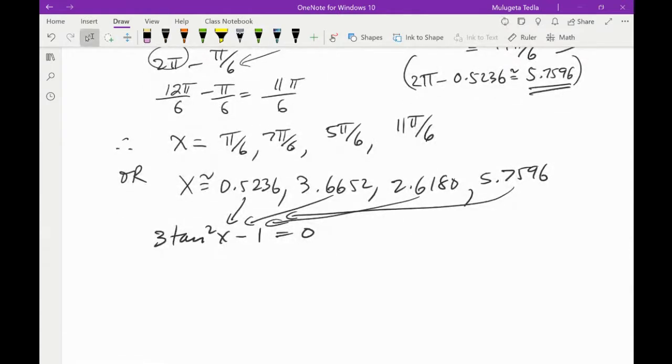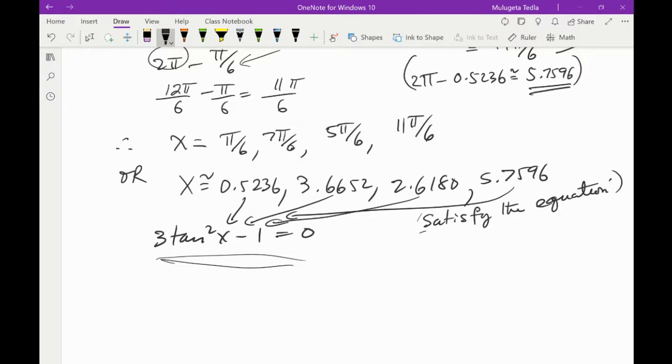Definitely. If you put your calculator in radian mode and plug all these angles into this equation, we say they satisfy the equation, meaning what? If they satisfy the equation, they are solutions to the equation.